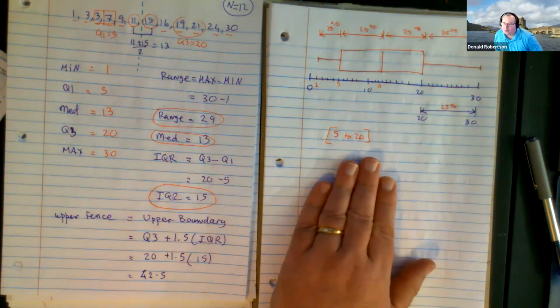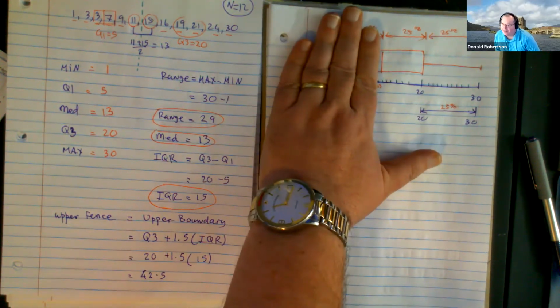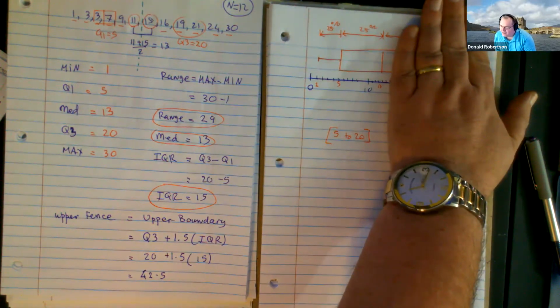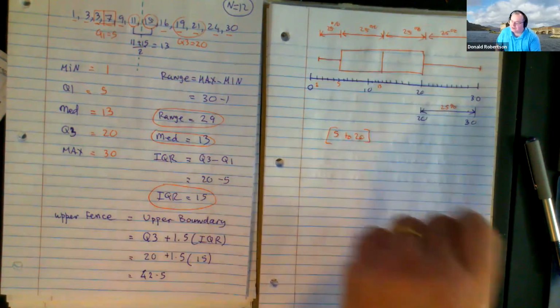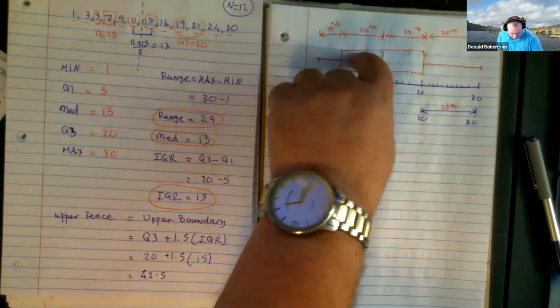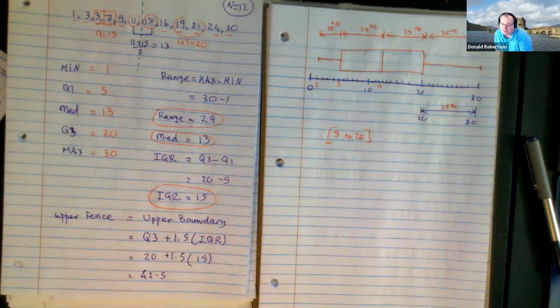What age is the top half? 13 to 30. What age is the youngest half? 1 to 13. Do you see how you can break it up and ask it in different ways, but still in chunks of 25%?